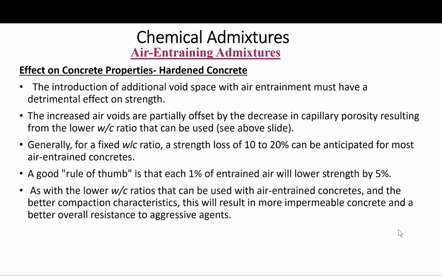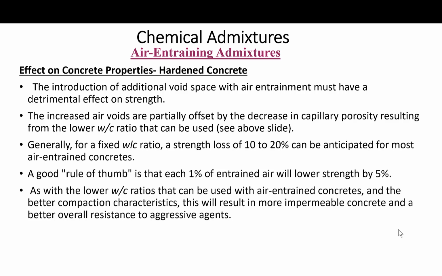High air contents generally indicate larger bubble sizes rather than smaller spacing factors. As well as improving freeze-thaw durability, air entrainment helps combat the scaling caused by the ice and salts used on pavements and bridge decks.